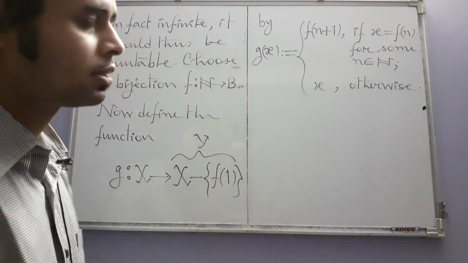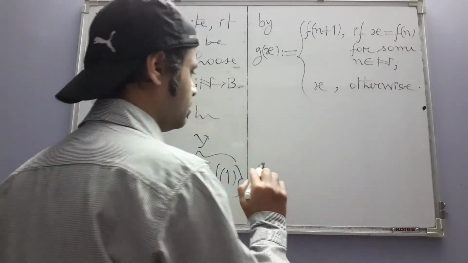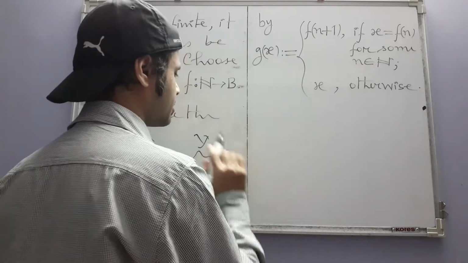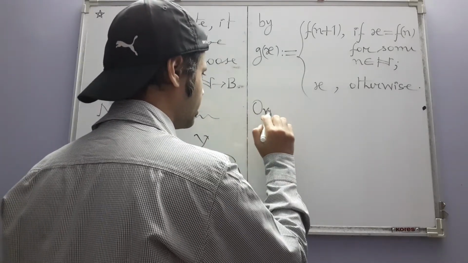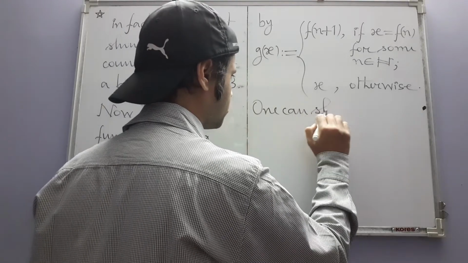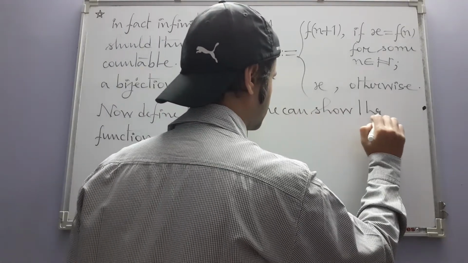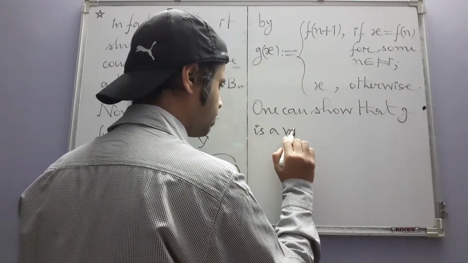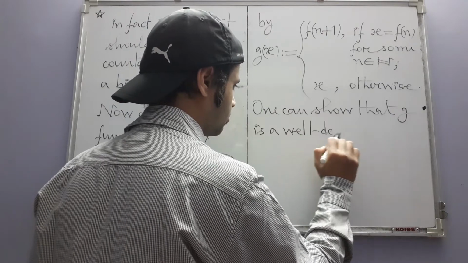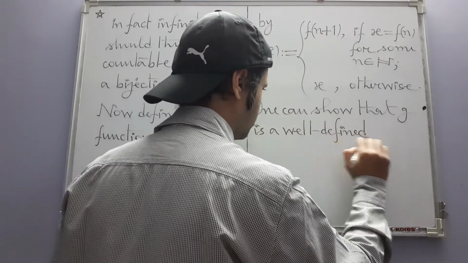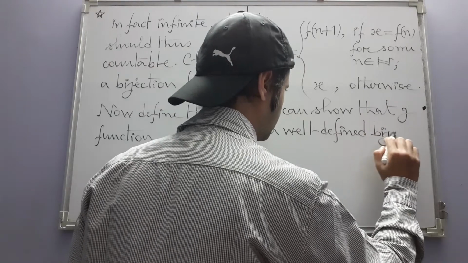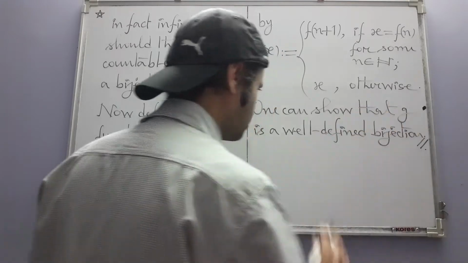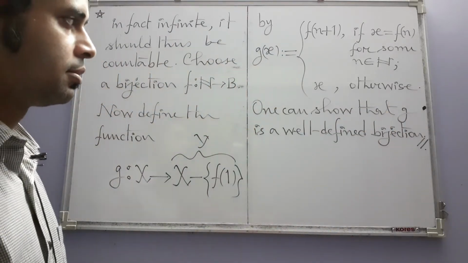Now let us see what the function actually does. Let me write the concluding thing here and then we will discuss. One can show that g is a well-defined bijection, and this is where the solution ends.